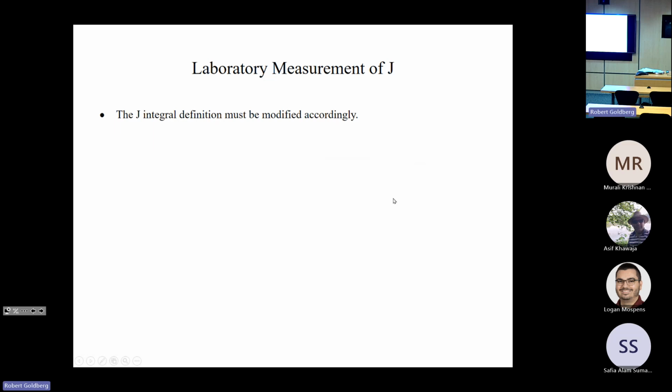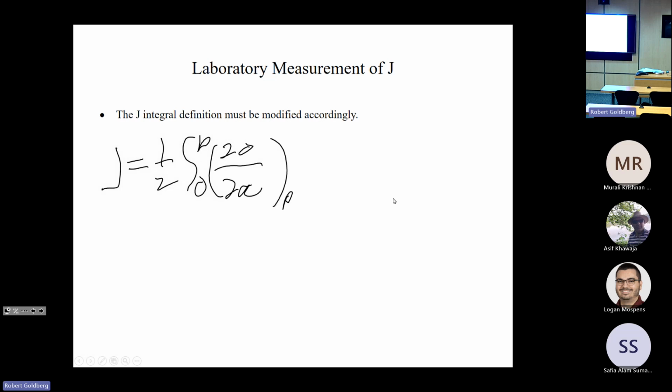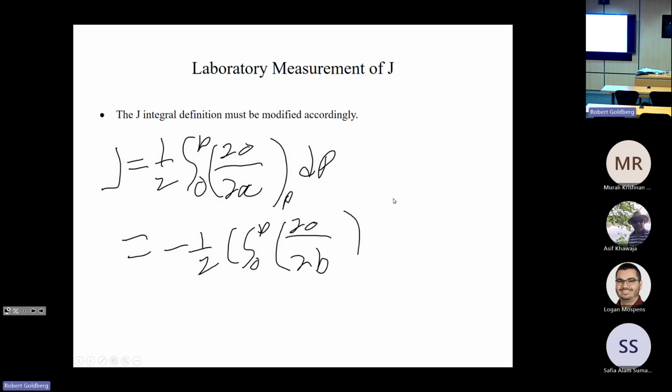And for this, we modify the definitions, and we say that J is equal to 1/2 the integral of 0 to P of the derivative of our displacement with respect to our crack length for the case of constant load, integrated over the load, which is also equal to negative 1/2 of the integral from 0 to P of the derivative of delta with respect to B, constant load, dP.